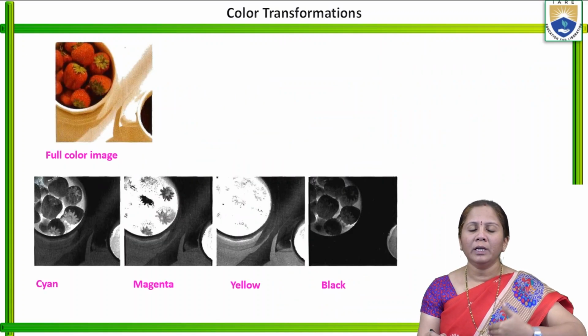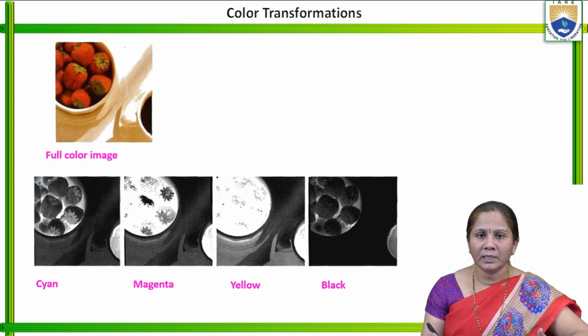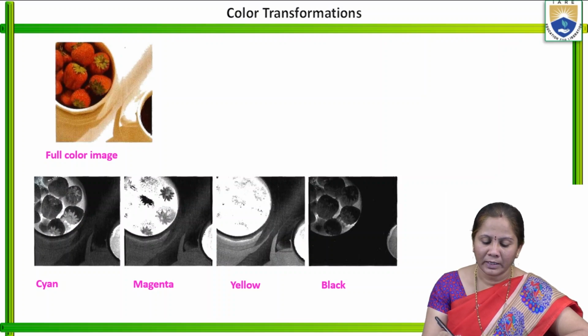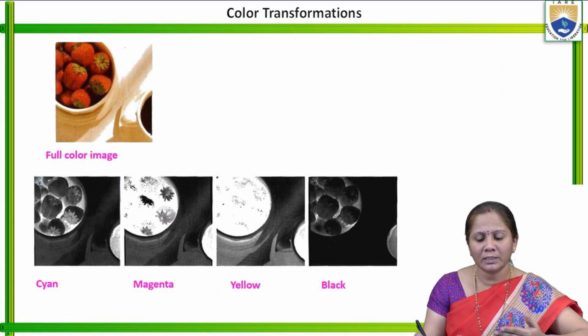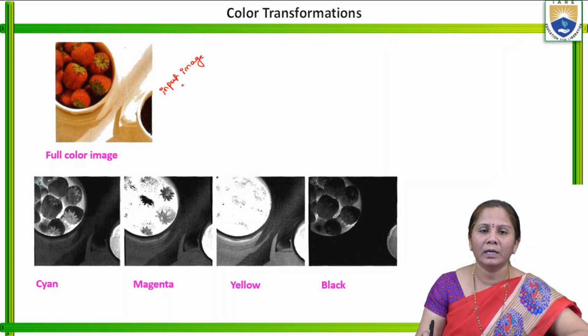Next. So in continuation with that, we have seen how to represent color model. Now here one example is taken. First we have considered this full image, and at the bottom we have converted that full color image, that is this image is considered as the input image. So input image is a full color image.